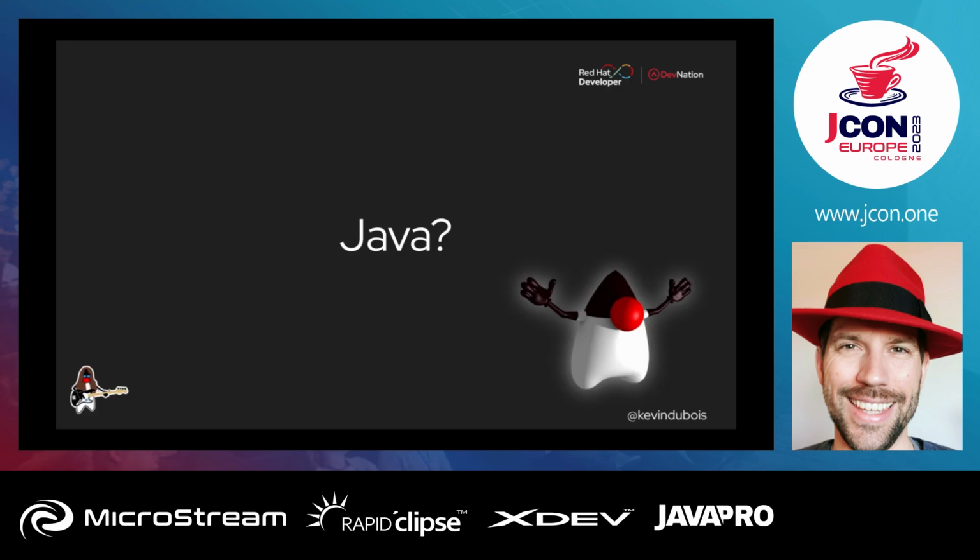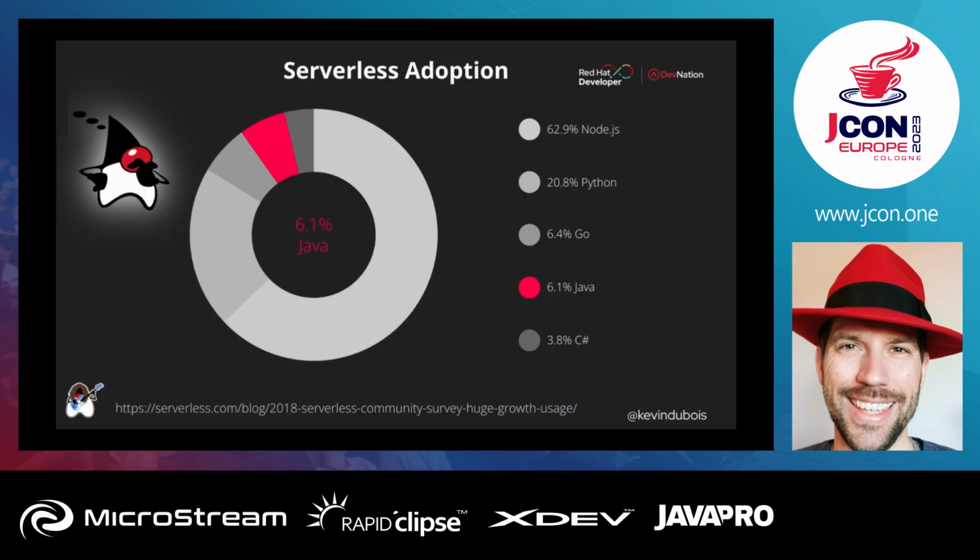So, what does this all have to do with Java? Because the title was writing serverless Java applications with Quarkus and Knative, right? So what about Java and serverless? Well, this slide is a little old. It's from 2018, as you can see here from the link.